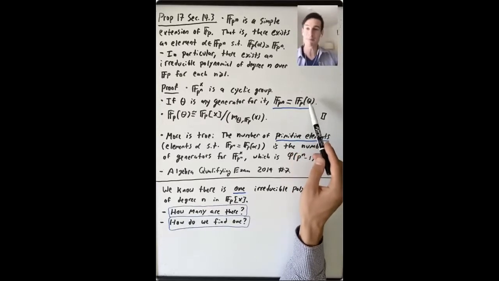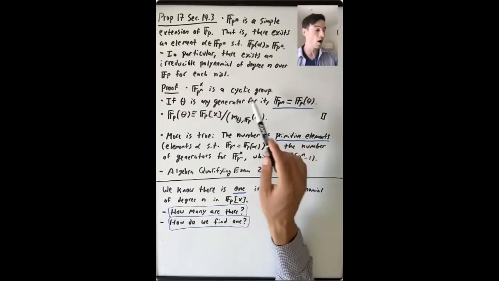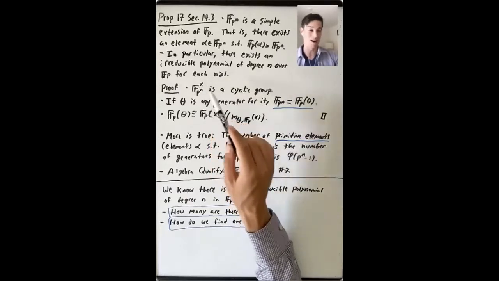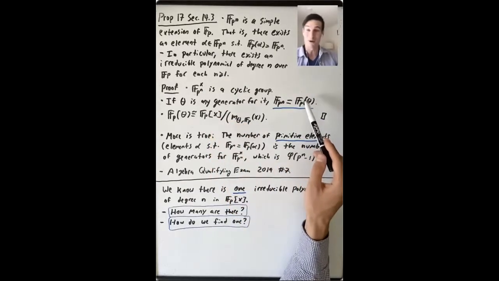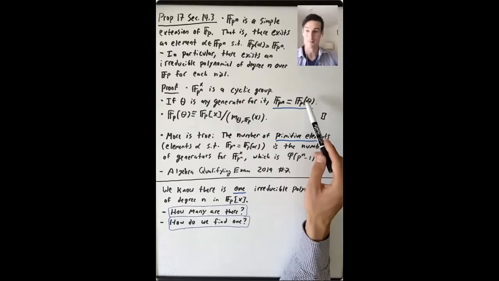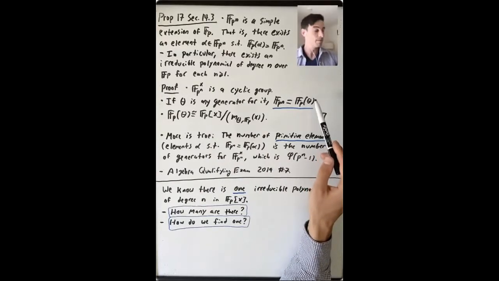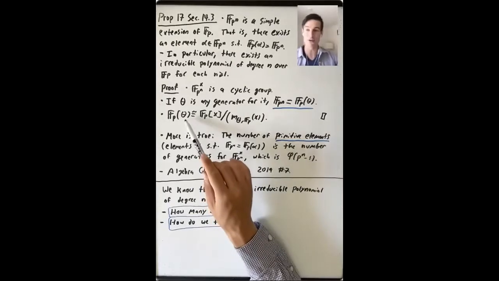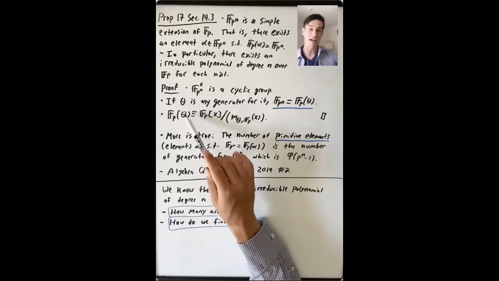But just by taking powers of theta, we get all of the elements of F_{p^n}^*, the multiplicative group. That's what it means for theta to be a generator. So we have inclusion the other way too. Okay, so that shows that F_{p^n} is a simple extension of Fp. And now we just need to remember, what is Fp adjoin theta?